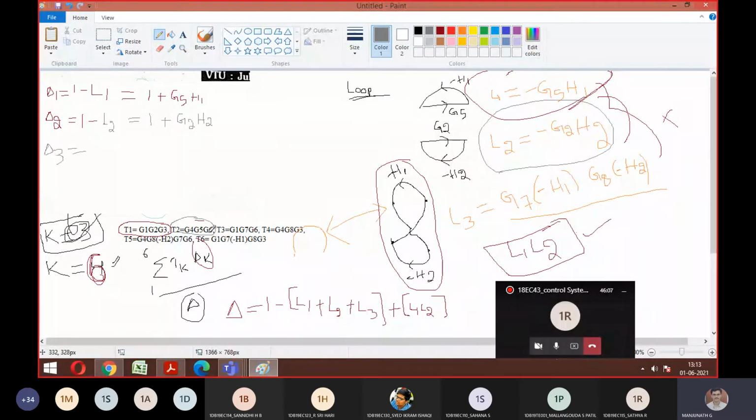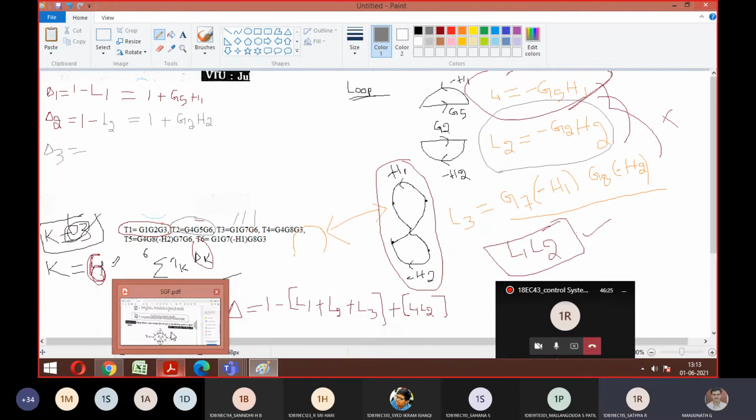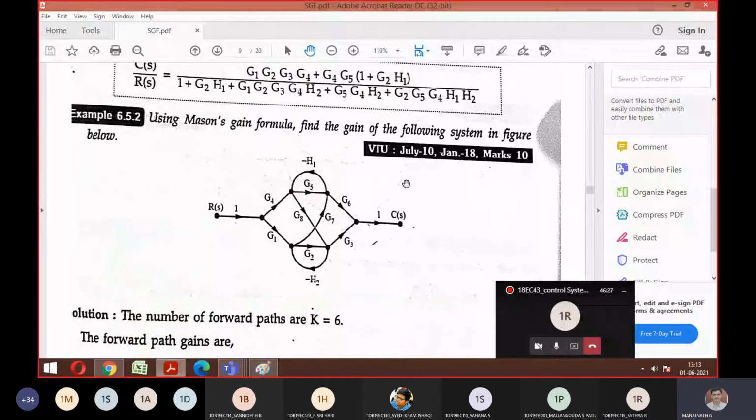Delta 3 is for the path G1, G7, G6. Trace the path; don't look at the loop answers here. Look at the question once.